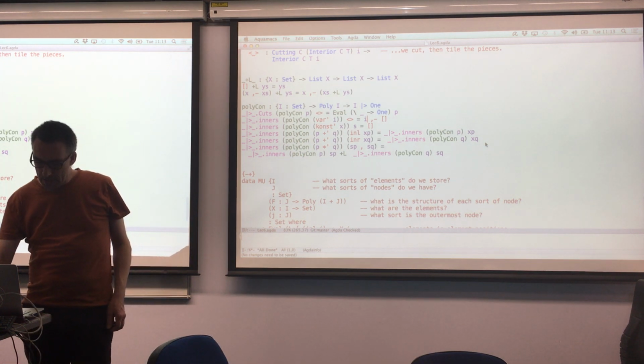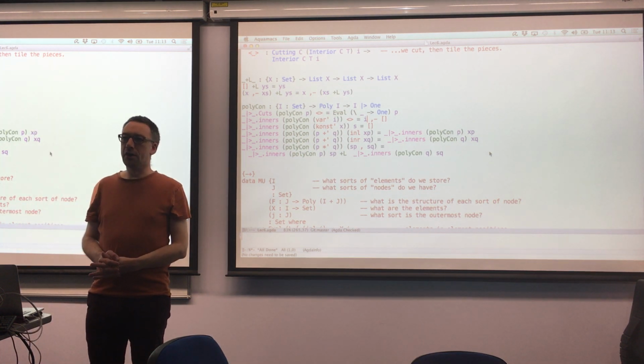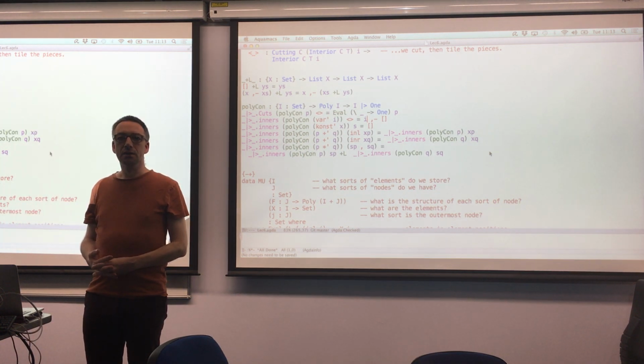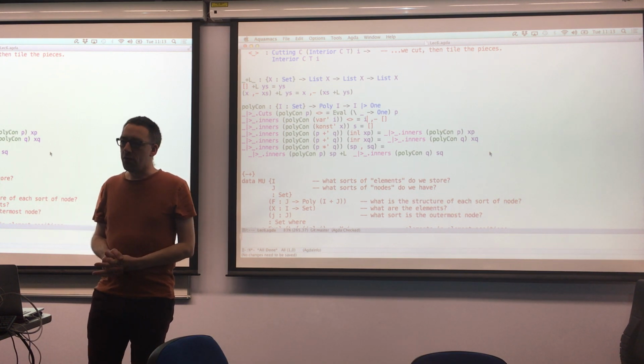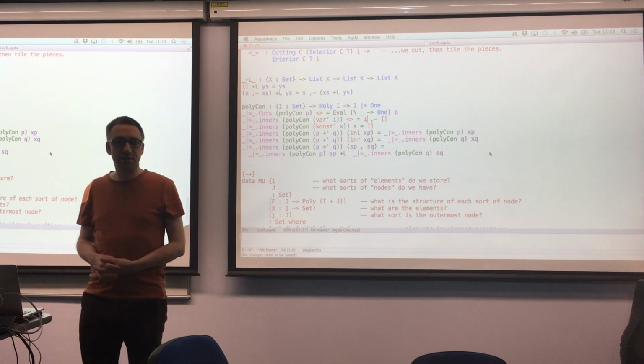Okay, so we've now seen two different variations on the theme of descriptions of data structures.